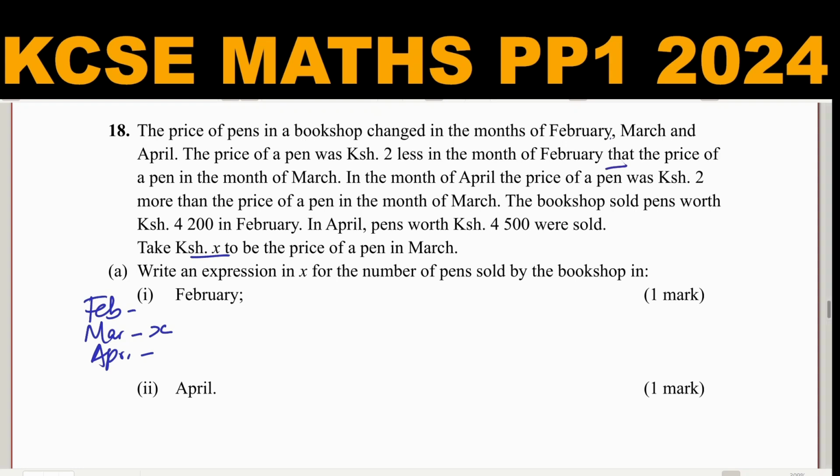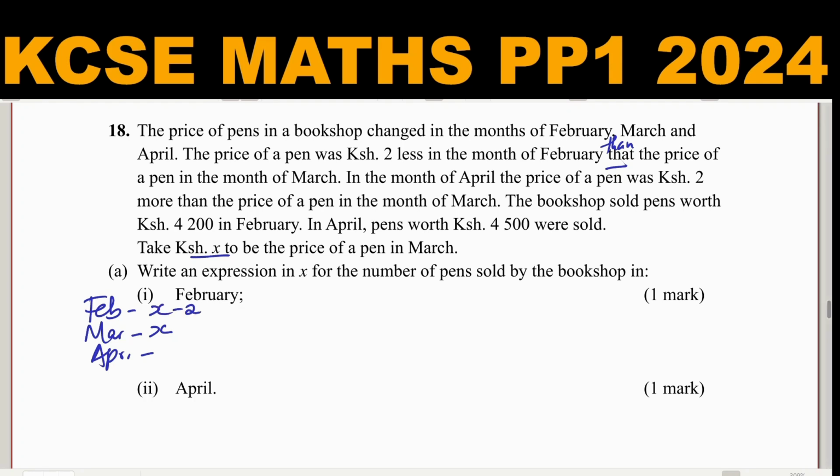That can help us to write the expression for February. So if the price of a pen in March was X, then February was 2 shillings less, so that will be X subtract 2 shillings.